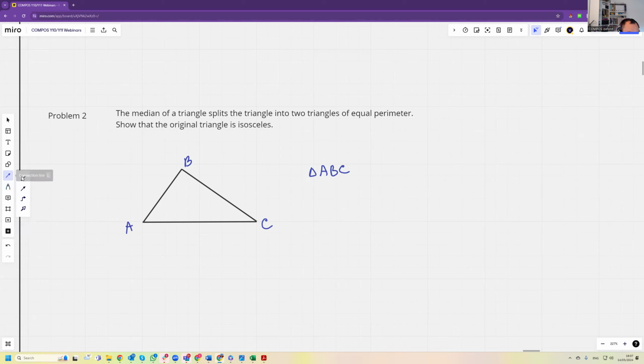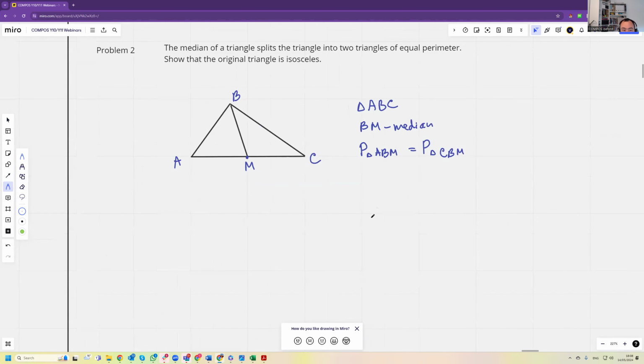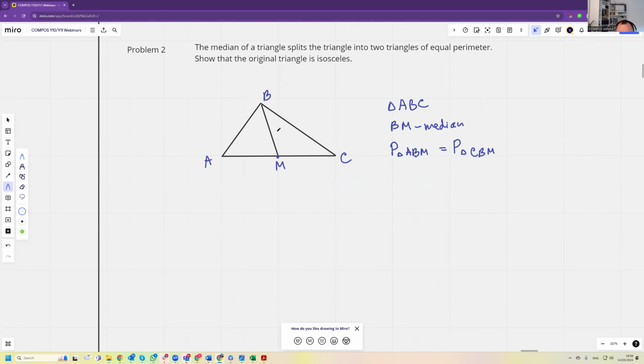Let's say that BM is a median. They say that the perimeter of triangle ABM is equal to the perimeter of the triangle CBM. Okay, interesting. So the perimeter is the same. So let's look at triangles ABM and CBM.